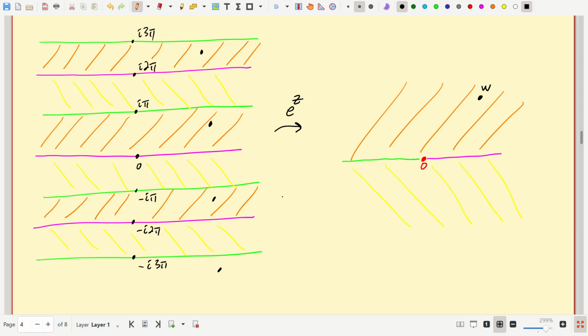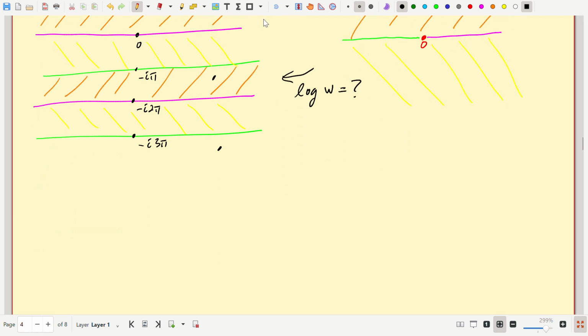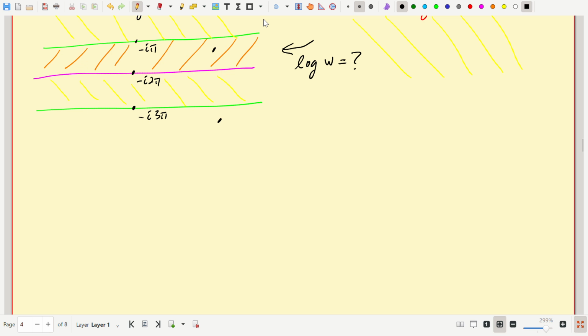So that's what we're going to start thinking about, from a global perspective. Well, there's the principal branch of the log that I will define in a second. In the principal branch, I want to pick exactly one and fill out the whole complex plane that way.